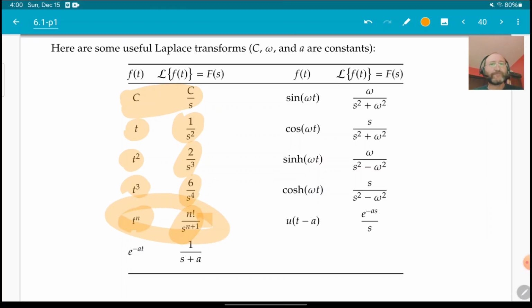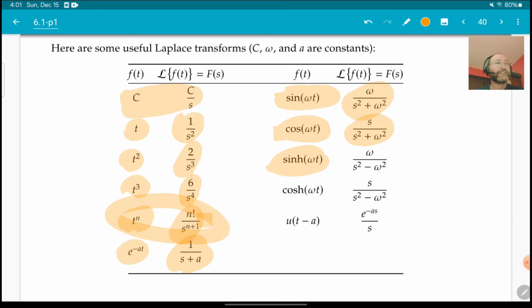Anyway, that's what it is. E to the minus at, we did that. It's 1 over s plus a. If you have sine of omega t for any constant omega, you get this thing. If you have cosine of omega t, you get this thing.